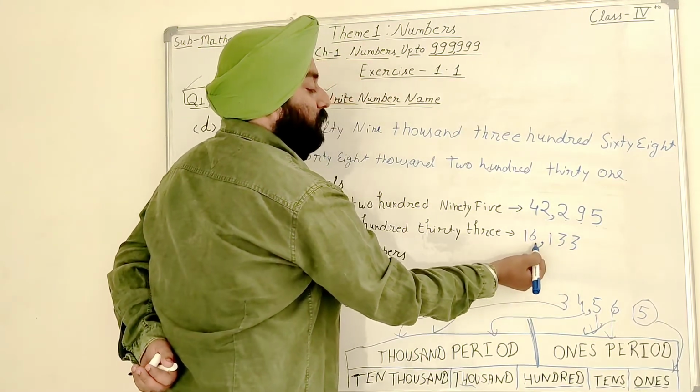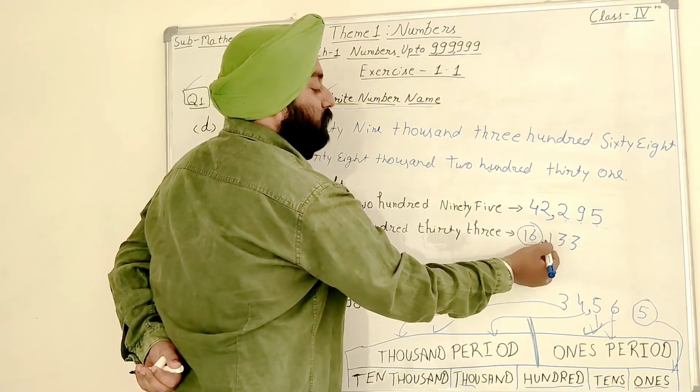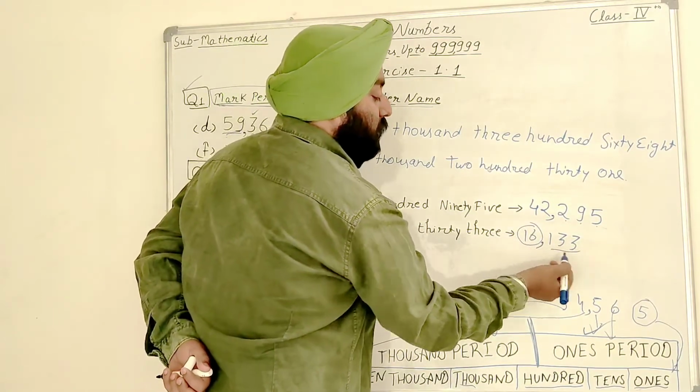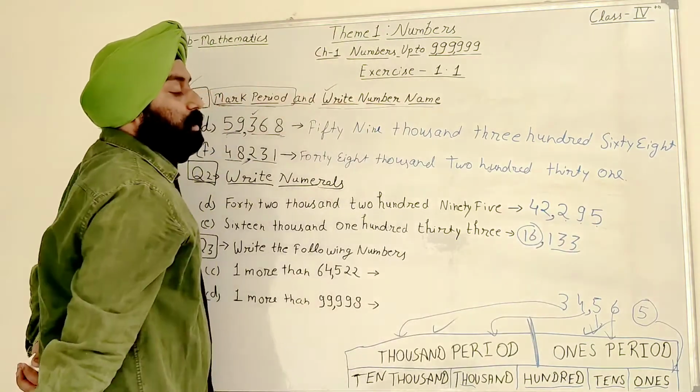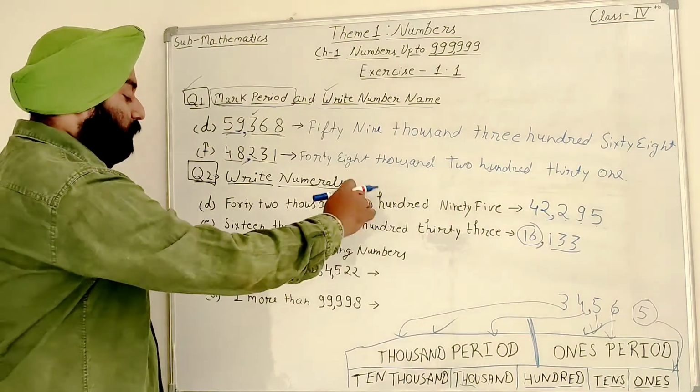Next, 16,133: 16,000, we write down the 16, and 133. We put the comma to separate ones period from the thousand period. That is the thousands period, and that is our ones period.